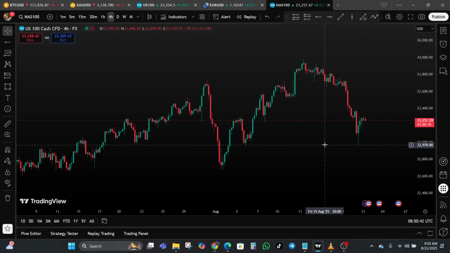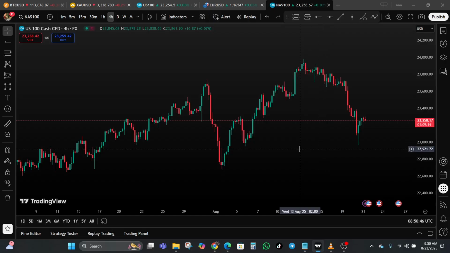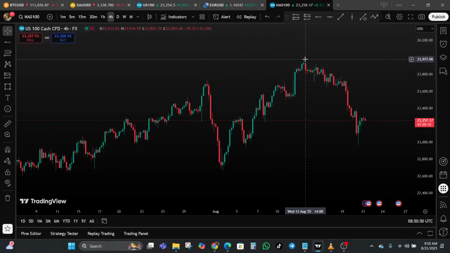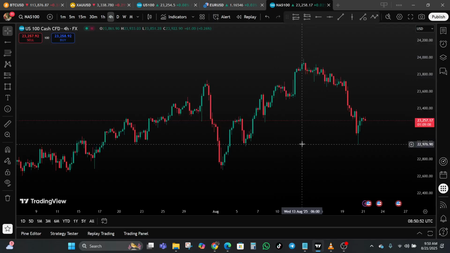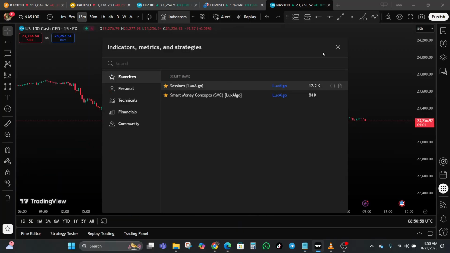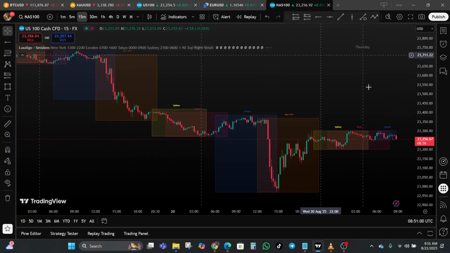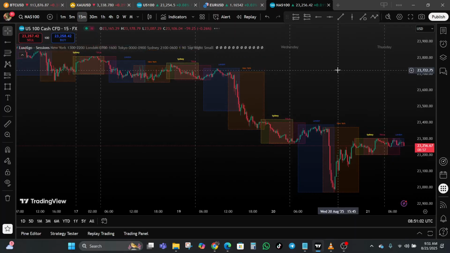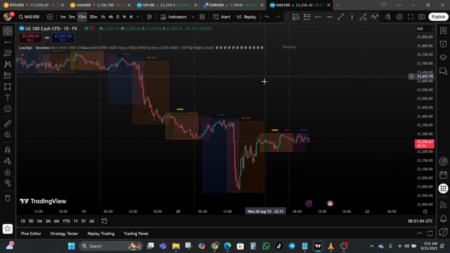First of all, talking about liquidity, indices move because liquidity gets targeted. Think about the highs and the lows around the New York and the London sessions.